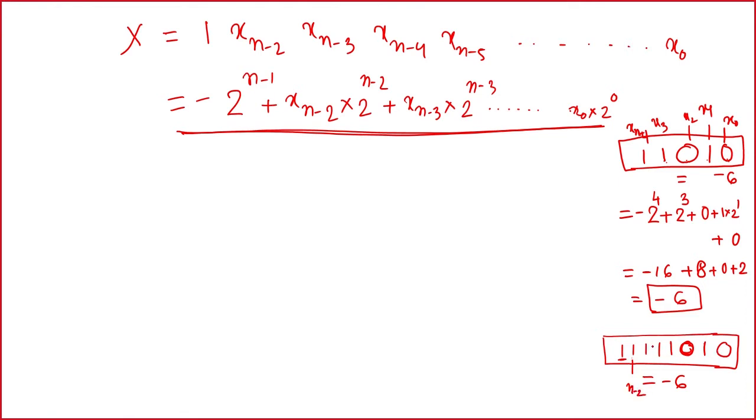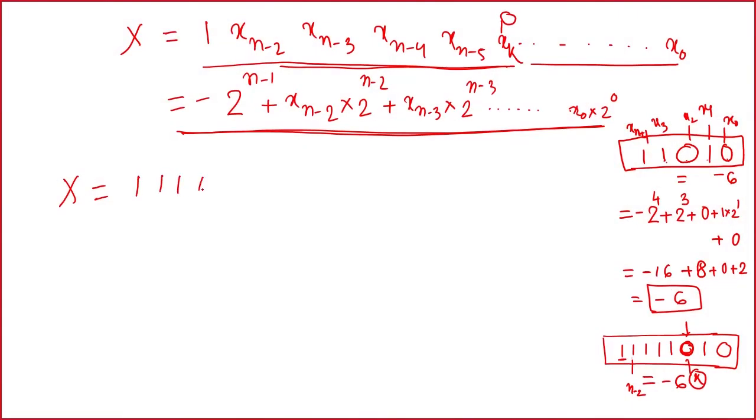So, we need to identify this first 0 occurring from the leftmost position. Let us say this position is k. So, in this number we assume there is a position called x k which is basically 0. On the left side all are 1 and on the right side we have some number.